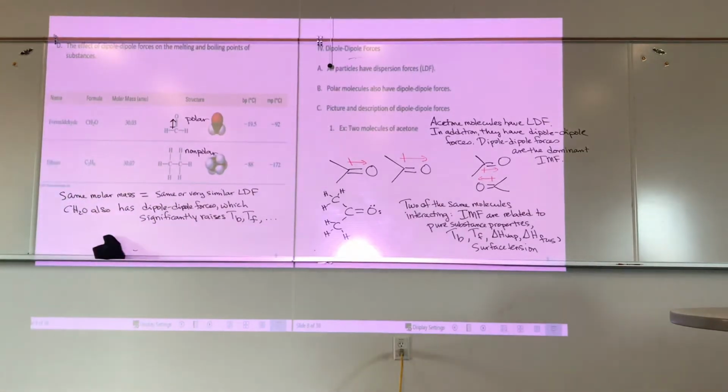And I put the dots there because we could make similar statements for the other properties that were on the second page of the notes for chapter 11. But I know boiling points and melting points are usually the easiest to access. Any questions about this? You good?